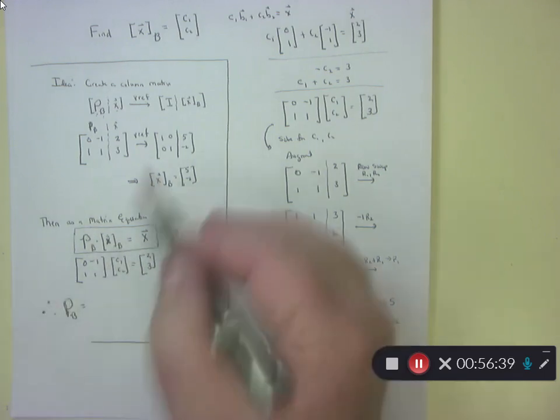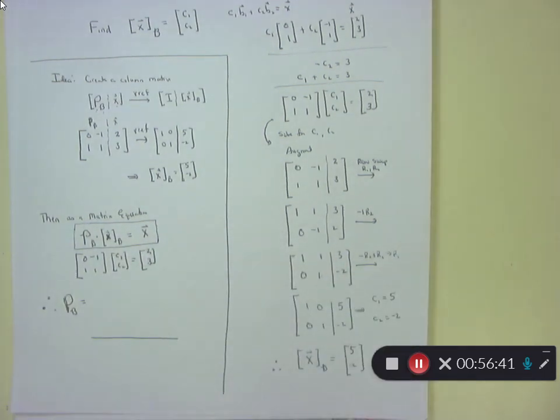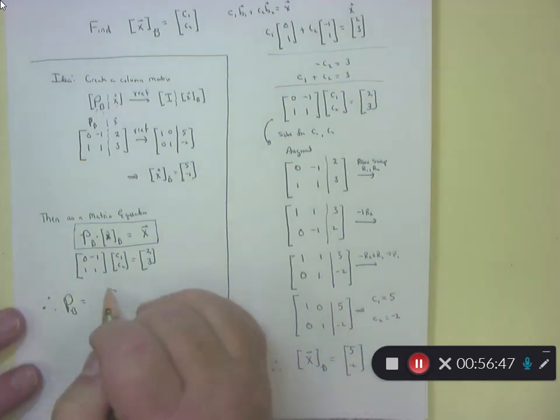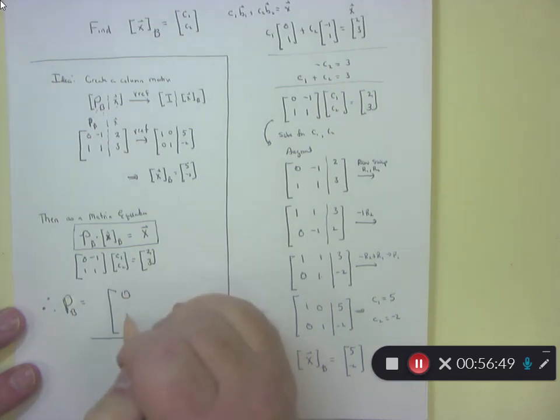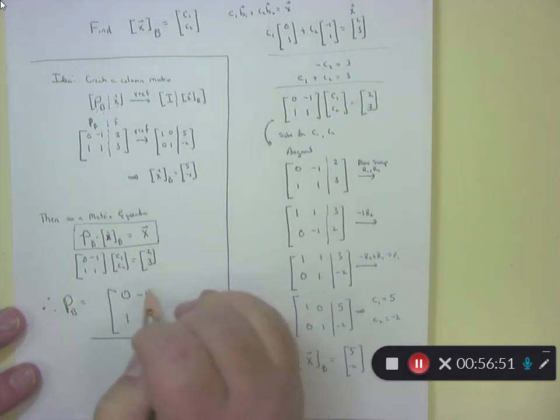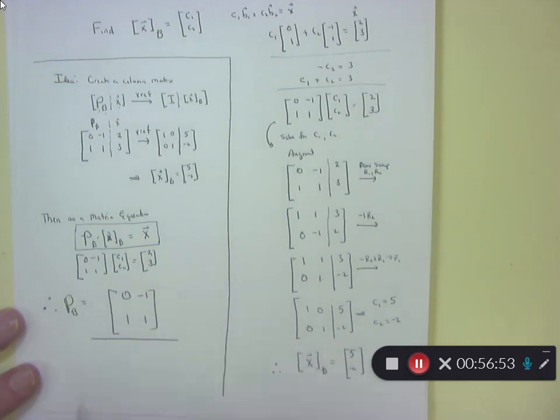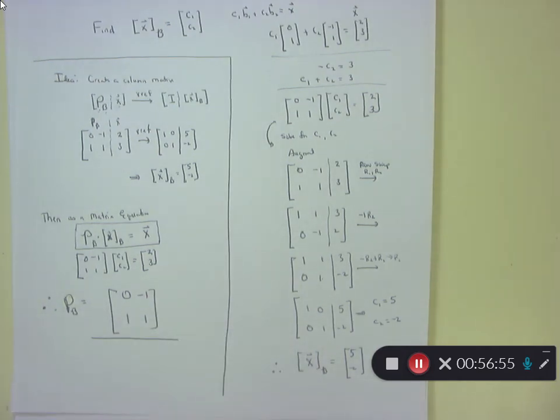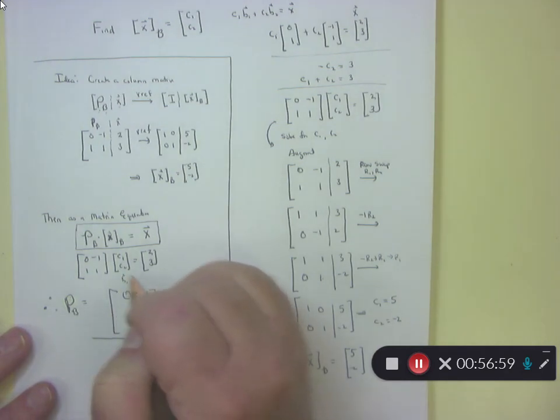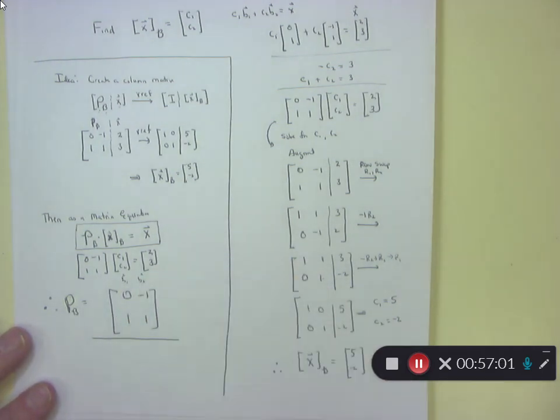So, based upon what we're just discussing, in this example, what is my matrix P relative to basis B? What is that matrix? It is the matrix 0, 1, negative 1, 1, and I'm reading it in terms of columns. That's my P matrix. Does that make sense? And remember, it's coming from, this was B1, this was B2.